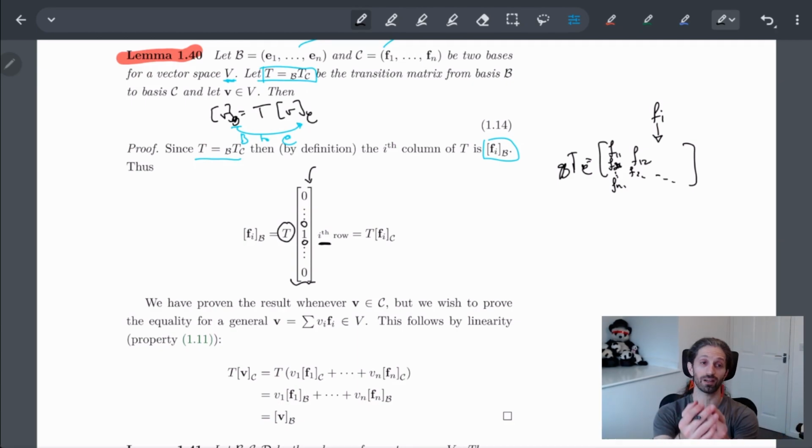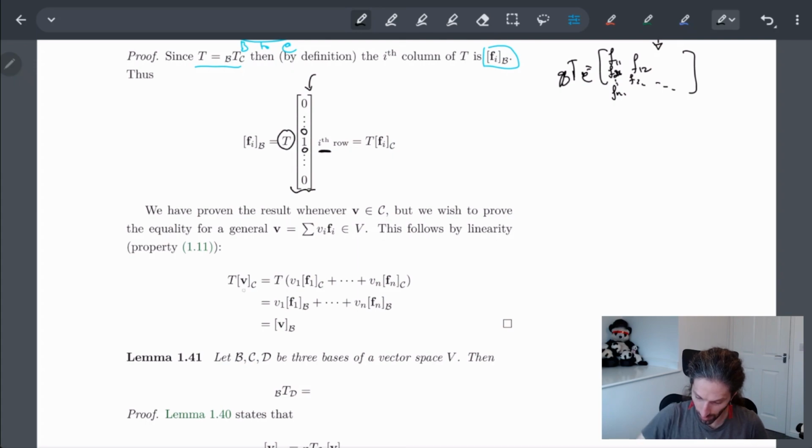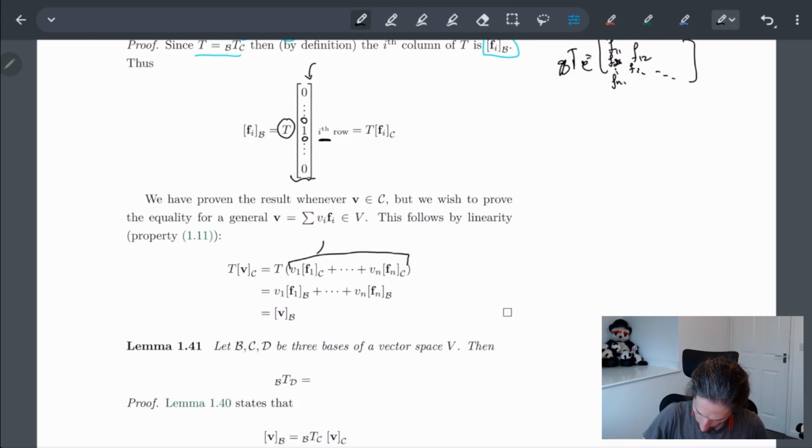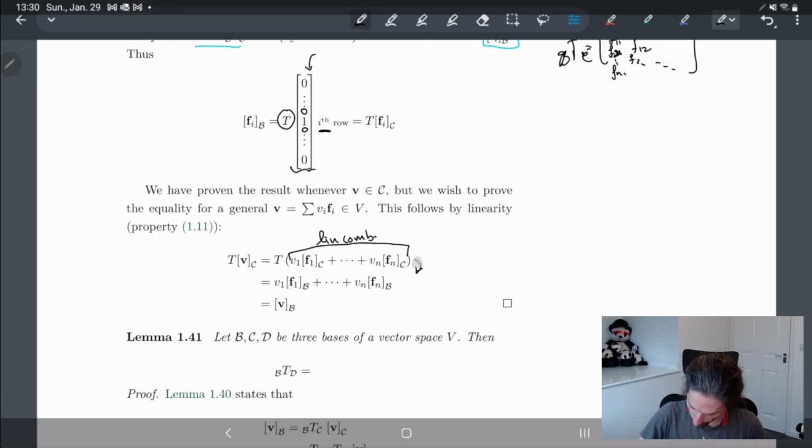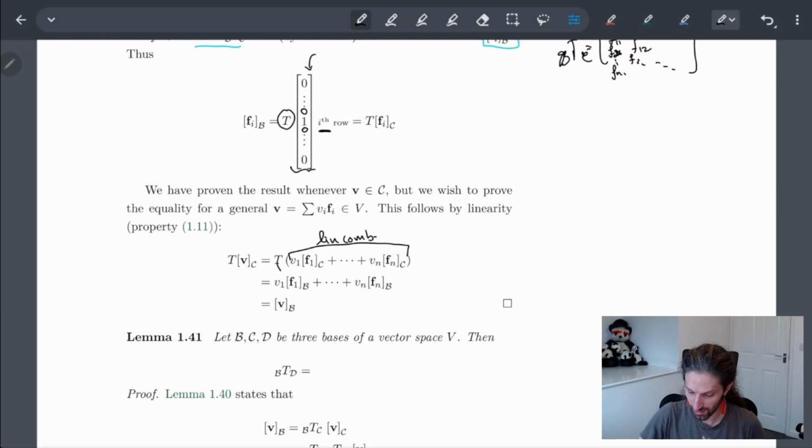So we have this on just one vector, but we need to generalize this. We have this for the basis vector, but we need to generalize to any vector. So here, what we basically have to do is we take some vector, so TV of C, right? So we've now started on the right-hand side. We're going to decompose this V into its linear combination, which is okay because this is a basis, right? So this does exist. Then by distribution, we put the T's on each side.